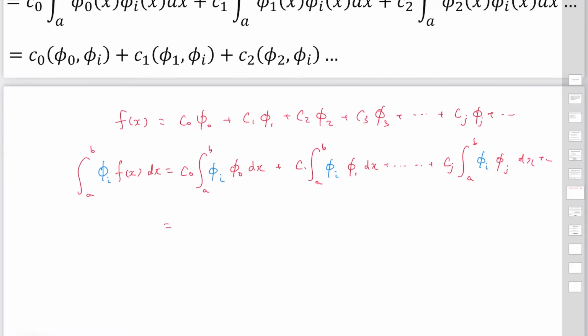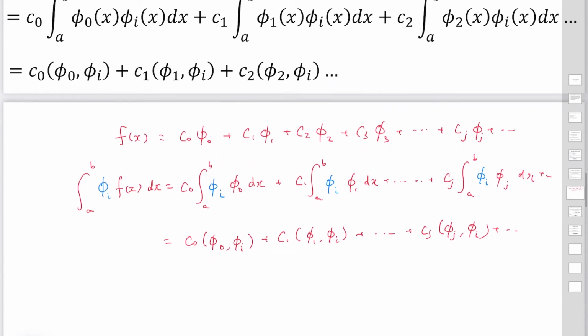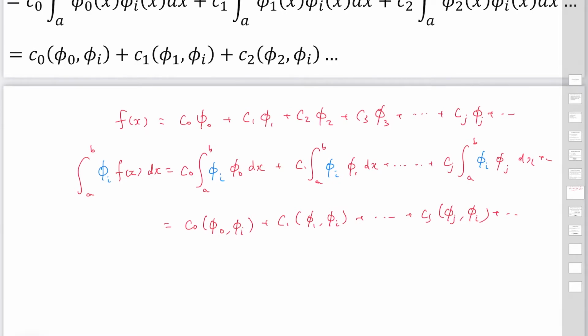For the right hand side, it becomes c sub 0 times the inner product of phi sub 0 and phi sub i, plus c sub 1 times the inner product of phi sub 1 and phi sub i, and so on, plus c sub j times the inner product of phi sub j and phi sub i. Phi is a set of orthogonal functions. If j is not equal to i, it becomes 0.